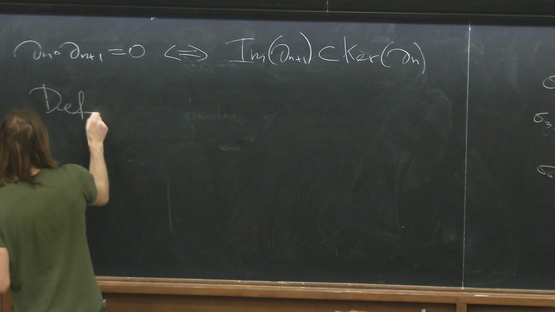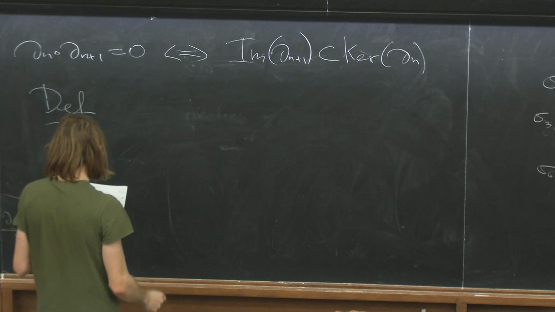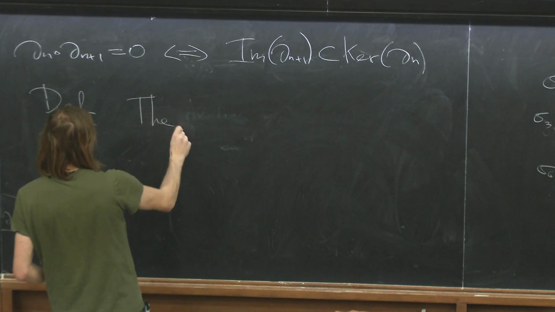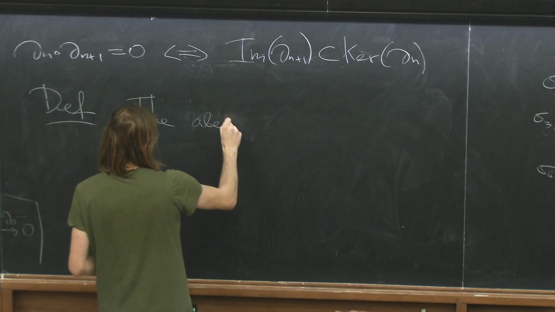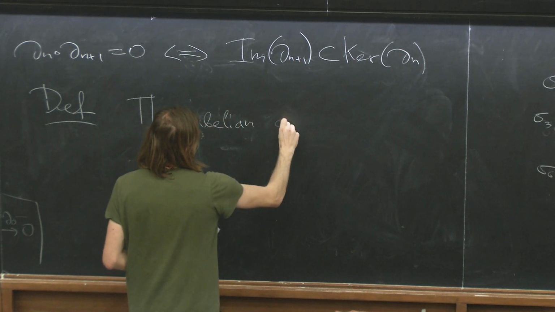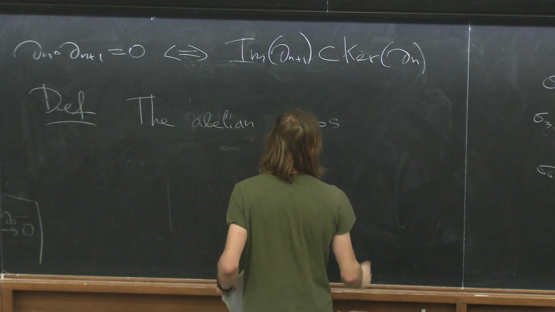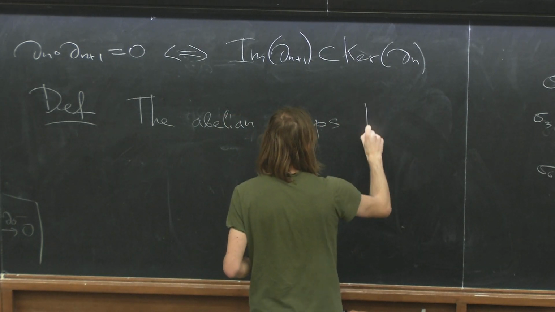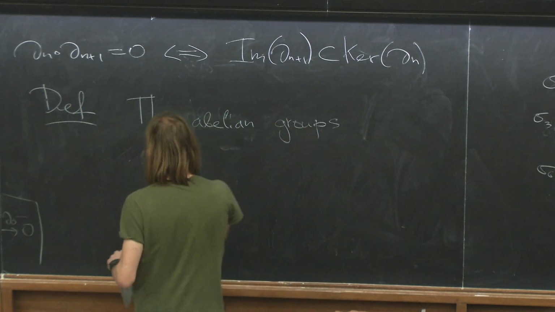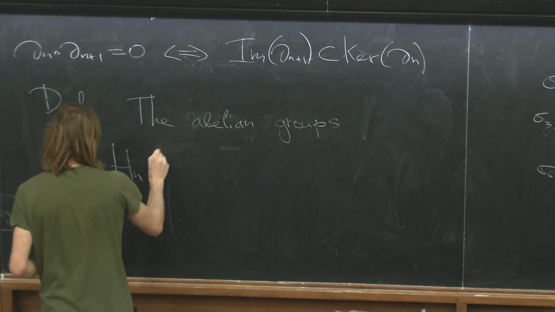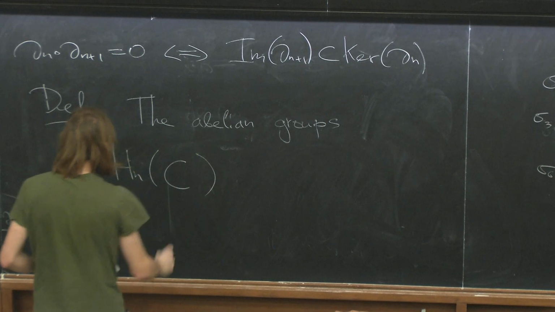And this allows us to define what is called the homology group, namely the abelian groups H n of C.